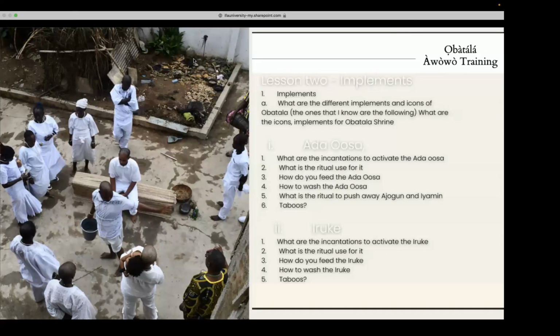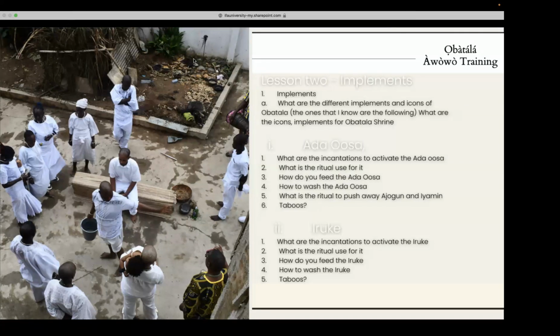Now, not to deviate from that. When they wash this thing, it's like the connection of Orishala is also going to be in their presence. That is why all these things are consecrated in this way. You understand? And if you want to leave the icon just like that, fine, you can leave it.